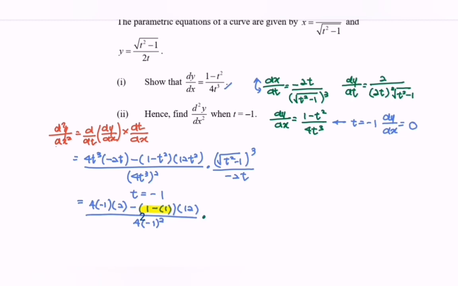Then multiply with the expression. Focus on here, we have the square root of t squared minus 1, that is (1 minus 1) to the power of 3 over 2. Based on this part, we obtain 0. So anything multiplied by that is 0. Here we have negative 8 over 4 multiplied with 0. So the second derivative equals 0 when t is equal to negative 1.